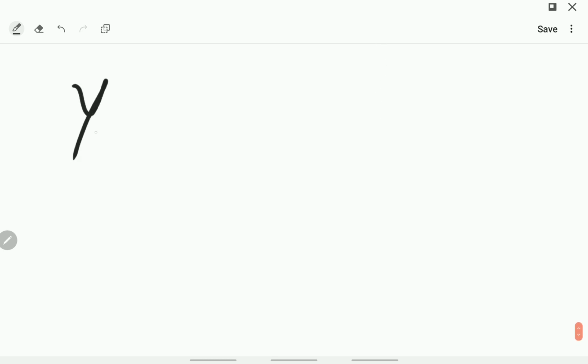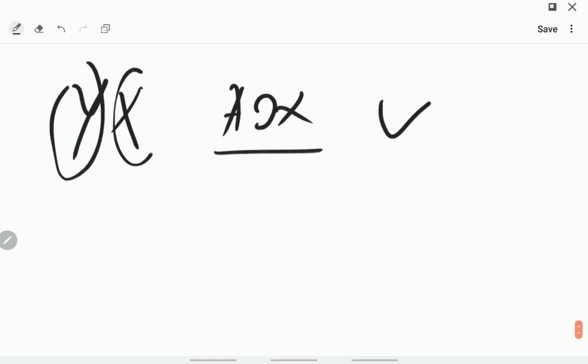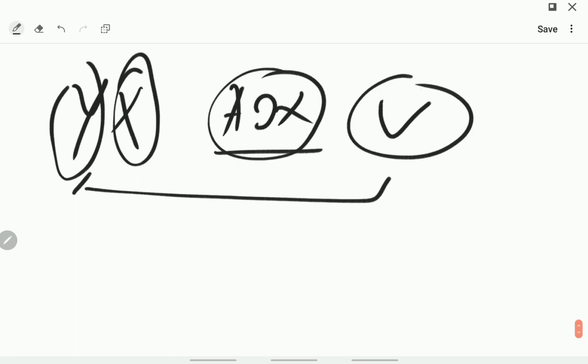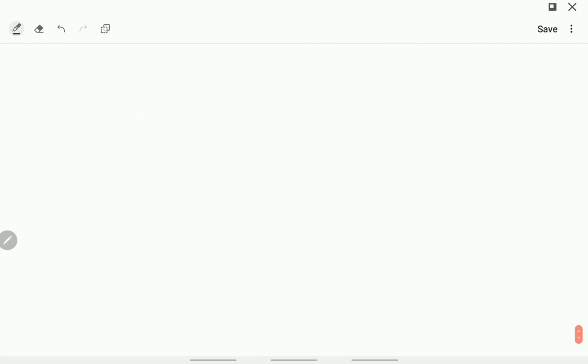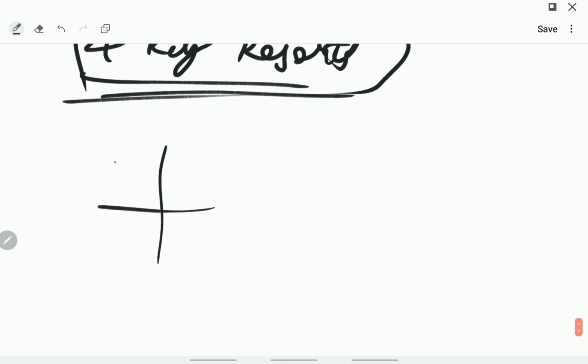And also remember this acronym, YXAV, where this is y-intercept, x-intercept, axis of symmetry, and vertex. These should always be your four key resorts to actually drawing the parabola.